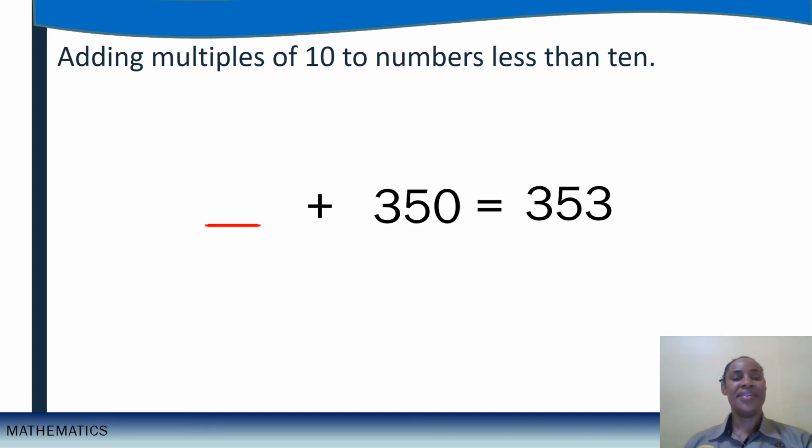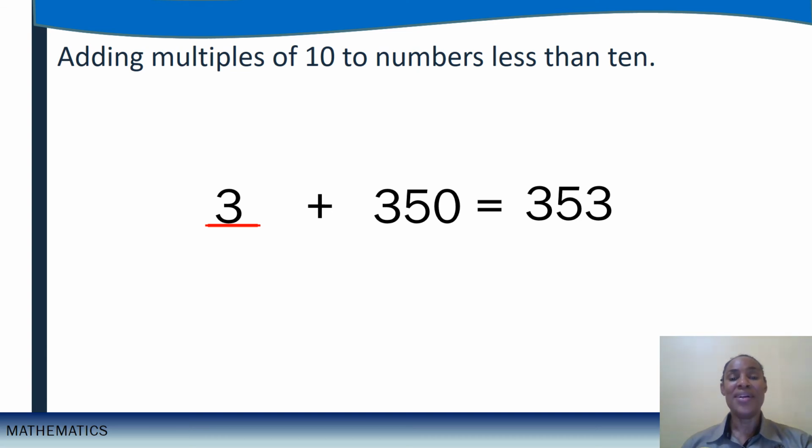Boys and girls, look at this number sentence. Can you tell me what is the missing number? Wow, boys and girls. If you said the missing number is 3, you are correct. But how did you figure this out so quickly?